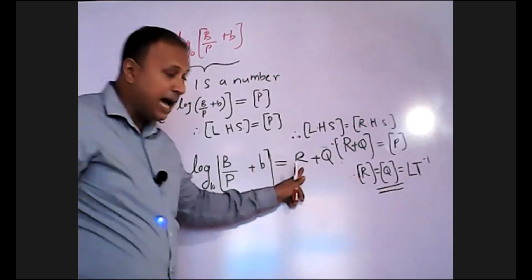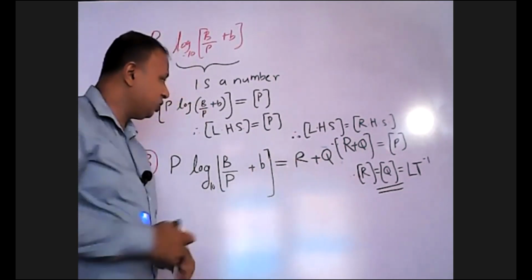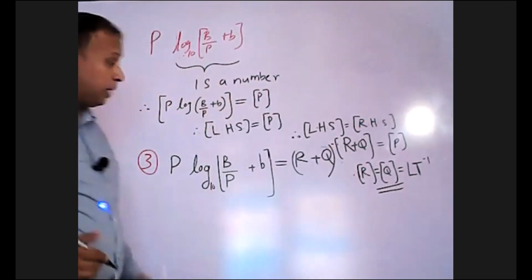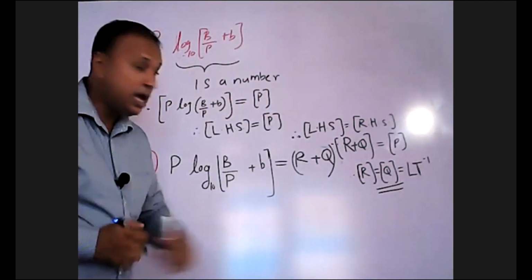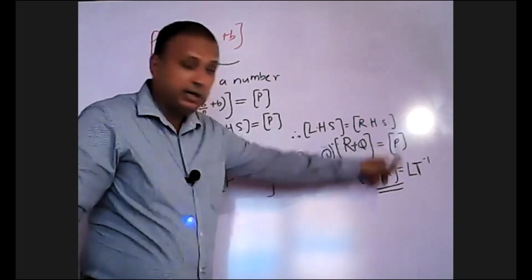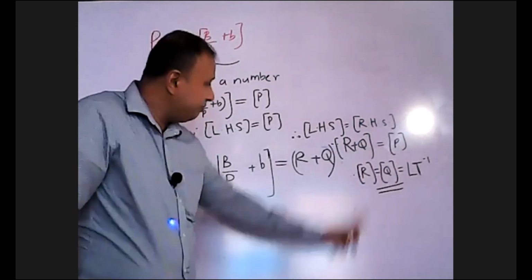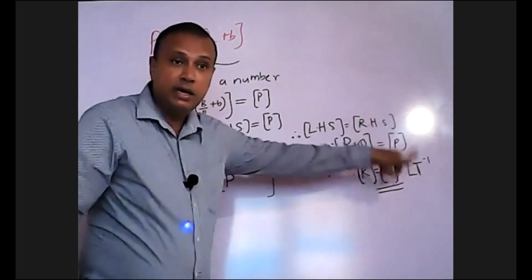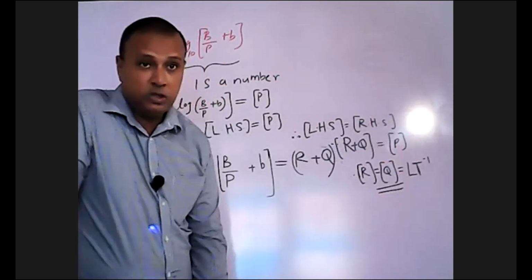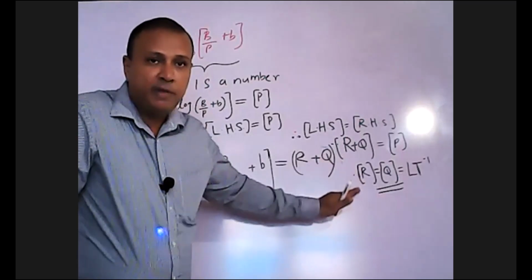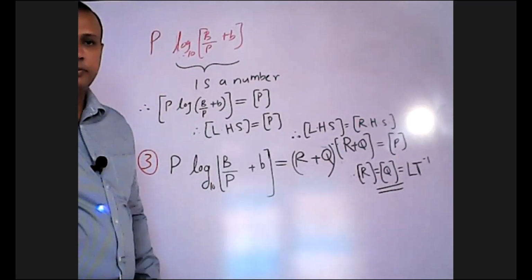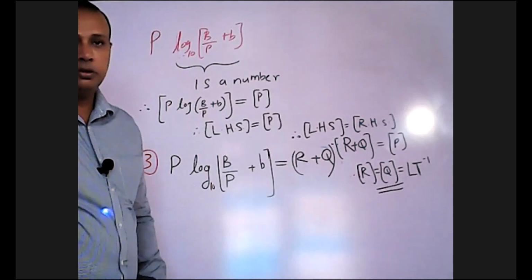In RHS there is an addition, R plus Q. So R plus Q has the dimension of P. That means the dimension of R is equal to the dimension of Q, which is LT minus 1. Do you get my point, everyone? Please give me a response. Good.